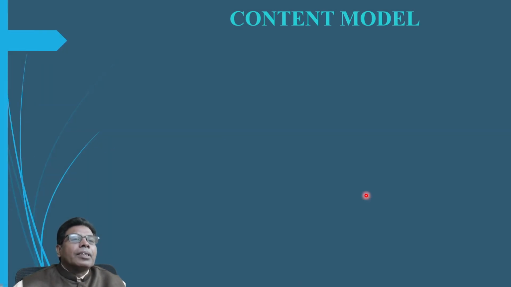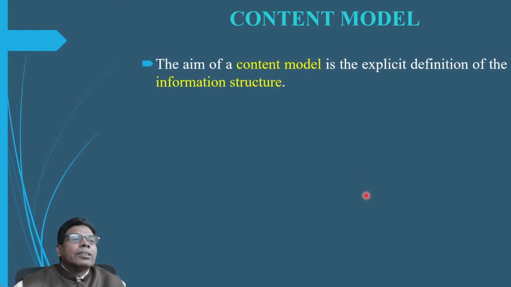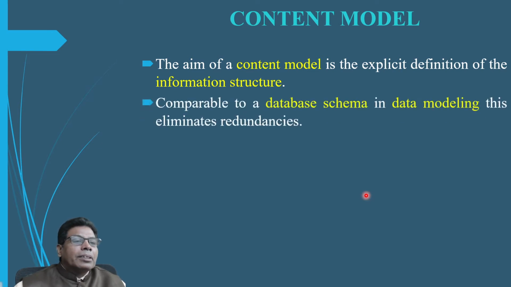Then next is the content model. The aim of content model is the explicit definition of information structure. That means whatever information we want to give in the application, web application, that is nothing but the content model. So compared to the database schema in data modeling, this eliminated redundancies.